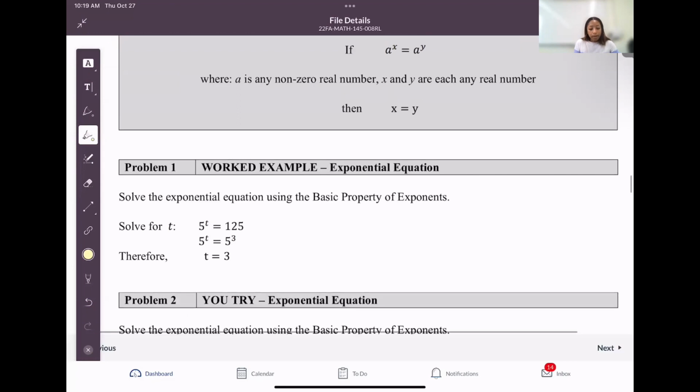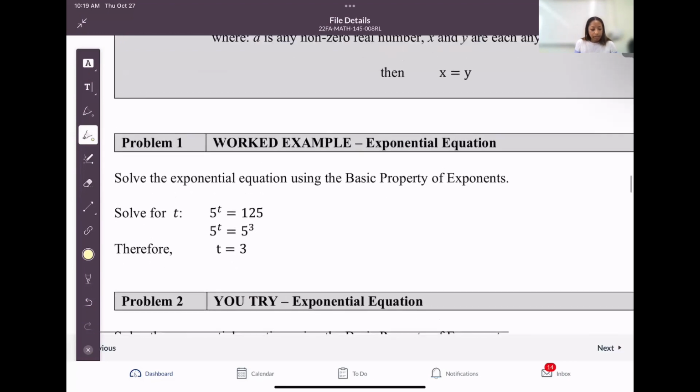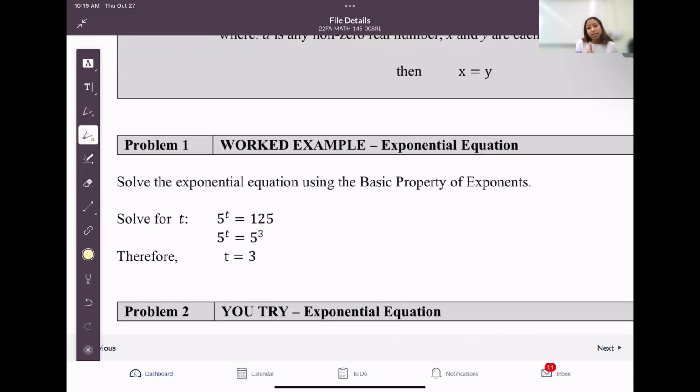All right, problem number 1 is a worked out example. I don't usually like the worked out examples. We'll probably skip the rest of the worked out examples that are here and just go to the Try's, but I wanted you to see what I mean. So if we have 5 to the t power equals 125, this is an exponential equation because we're trying to solve for the exponent. What value of t in the exponent would give us 125? Now, some of you may be able to do this without doing much work because you know the powers of 5, that's fine.